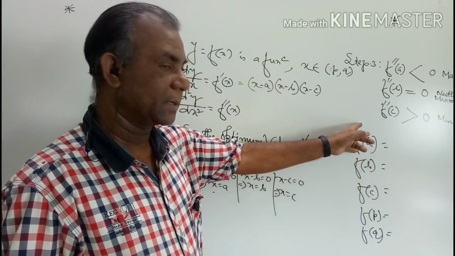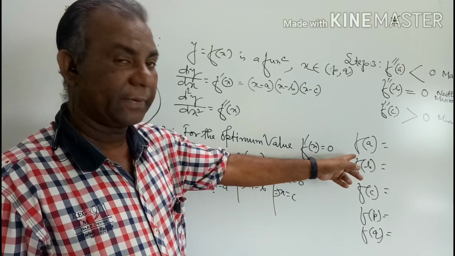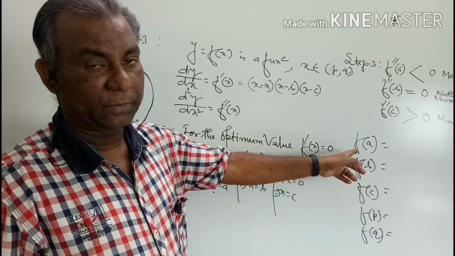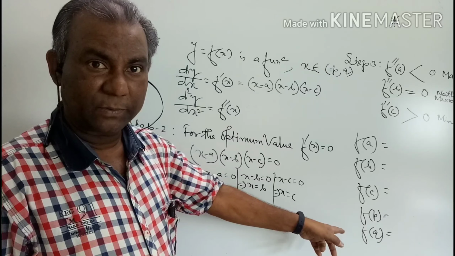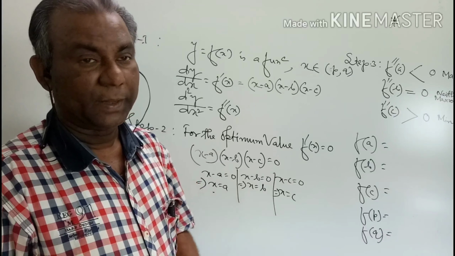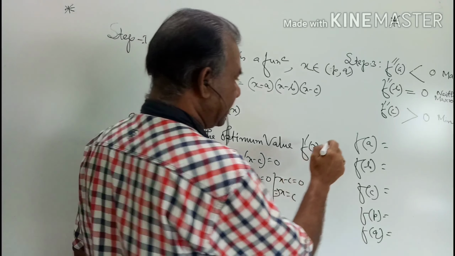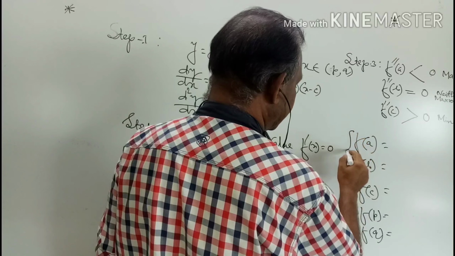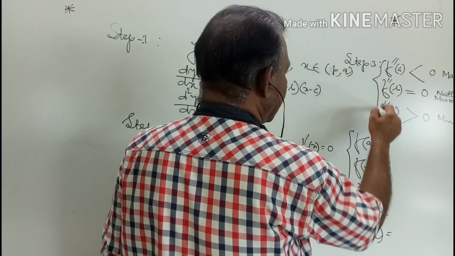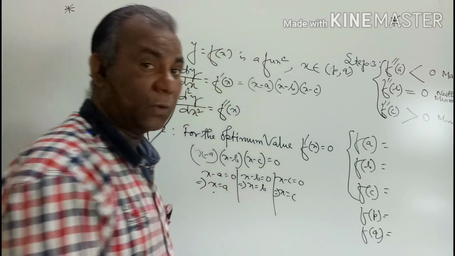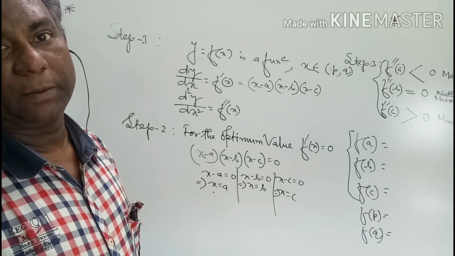Out of these 5 values, the greatest value will be the maximum, and the smallest, least value will be the minimum. Now, what we have here is local maxima and local minima.